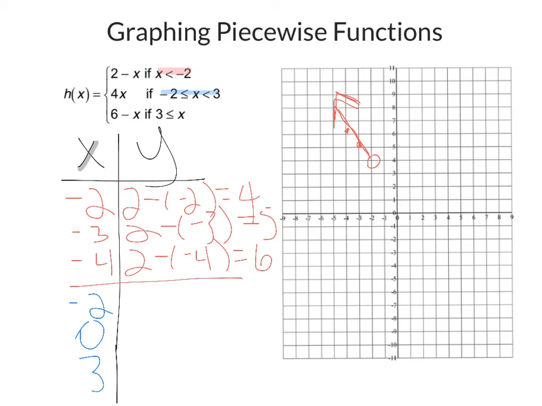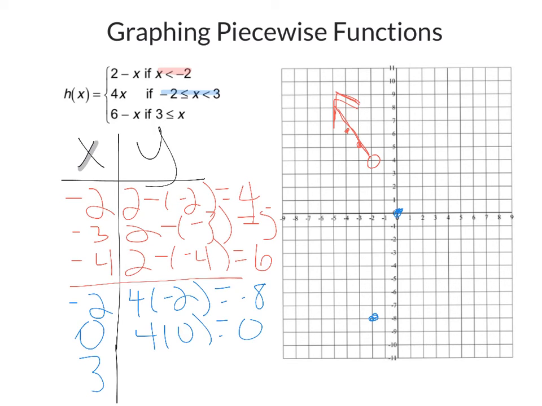So if I plug in -2, I have 4 times -2, or -8. So I have the point (-2, -8). And I'm going to make this a closed dot because it is equal to. If I plug in 0, I do 4 times 0 and get 0. So I have the point (0, 0).